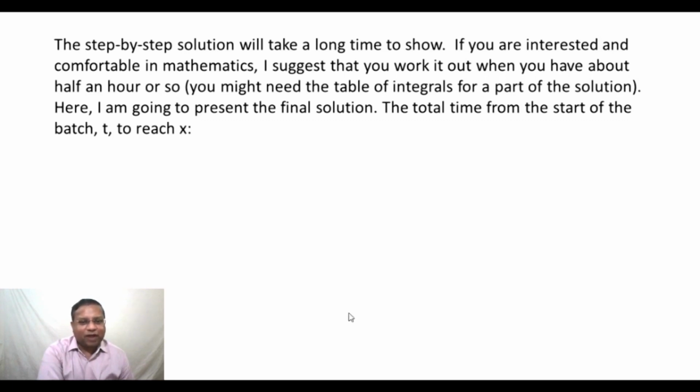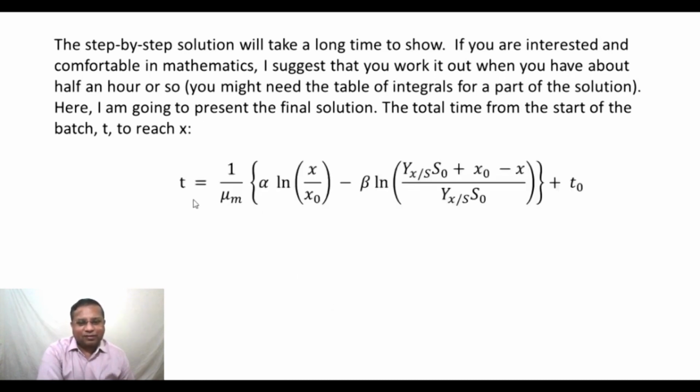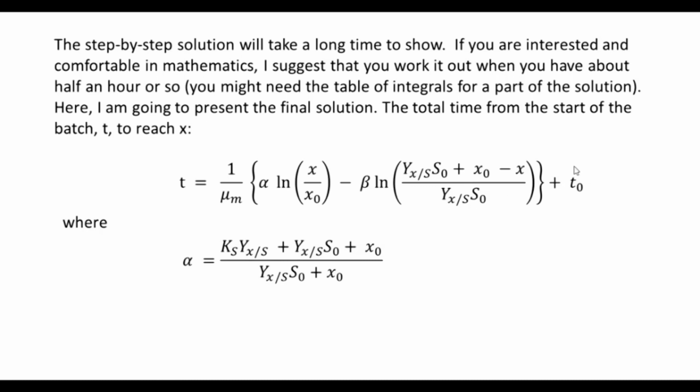The total time from the start of the batch to reach a certain cell concentration x is given as 1 by mu m times a certain alpha times log of x by x0 minus a certain beta times log of (Yx/s s naught plus x naught minus x) by Yx/s s naught, plus the lag time t0, where alpha is this combination, (Ks Yx/s plus Yx/s s0 plus x0) divided by (Yx/s s0 plus x0), and beta is Ks Yx/s divided by (Yx/s s0 plus x0).